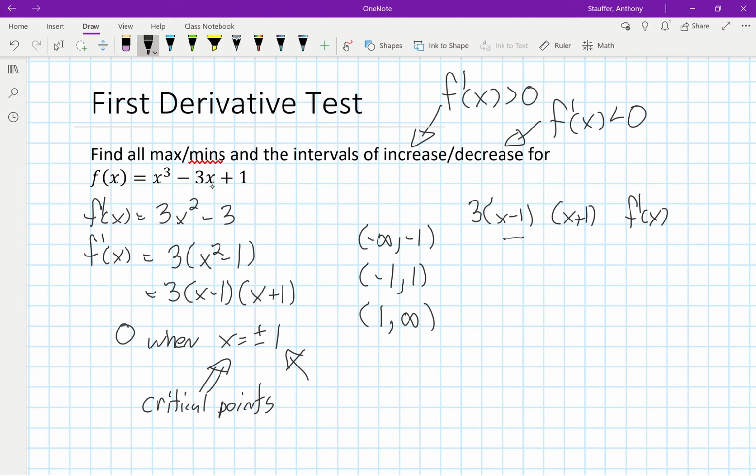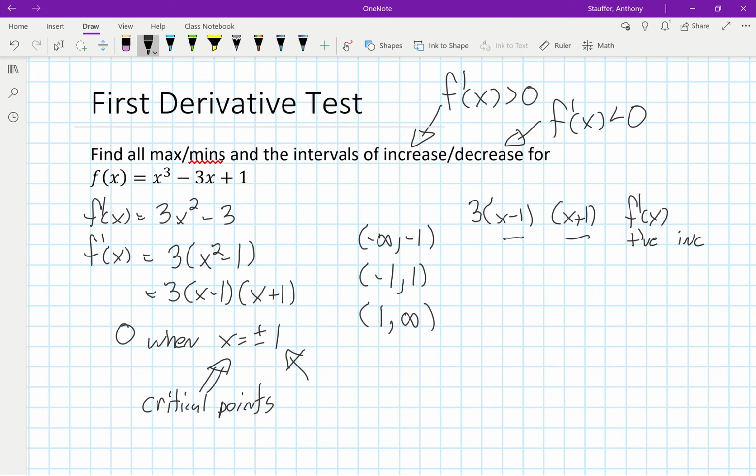Negative 2 plus 1 gives me a negative value. So my two factors, or two parts of the equation, are each negative. They get multiplied together, and we know that a negative times a negative equals a positive. So that simply means that we're going to be increasing.